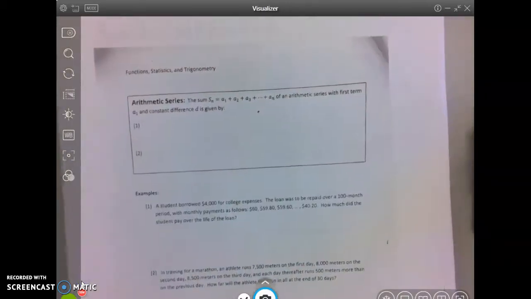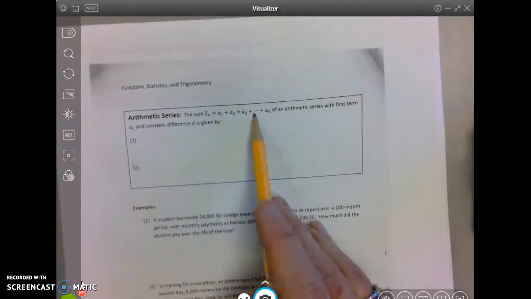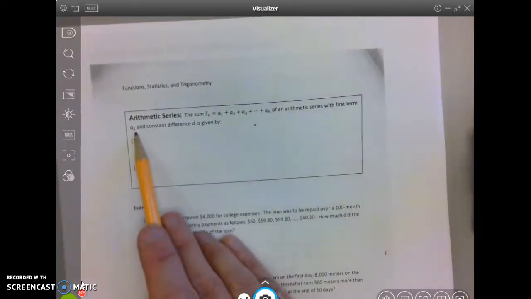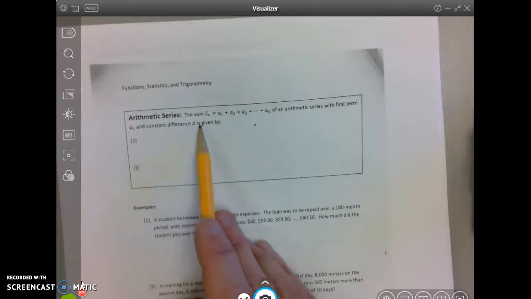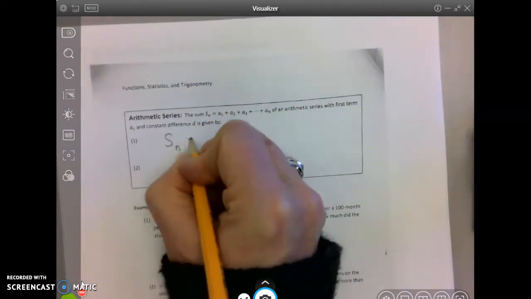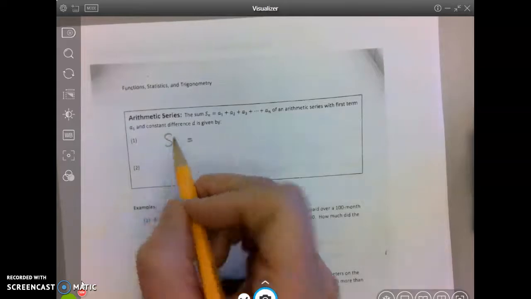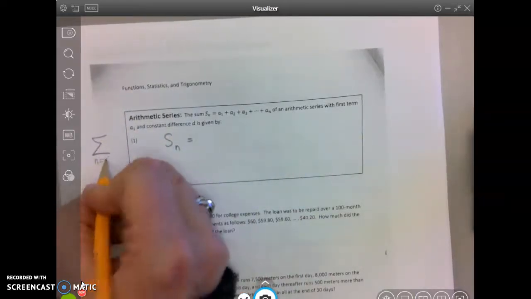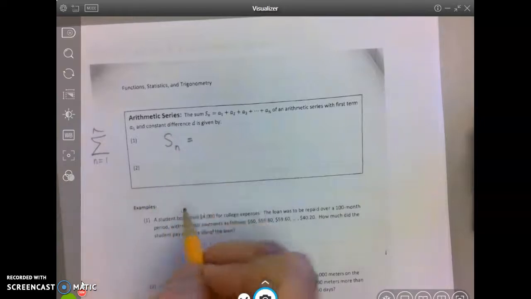So the formula for an arithmetic series, when you're adding up all the terms, where a sub 1 is the first term and the constant difference is d, the formula for this series is, because remember this is a shorthand term of saying from n equals 1 to n, we can just say S sub n.